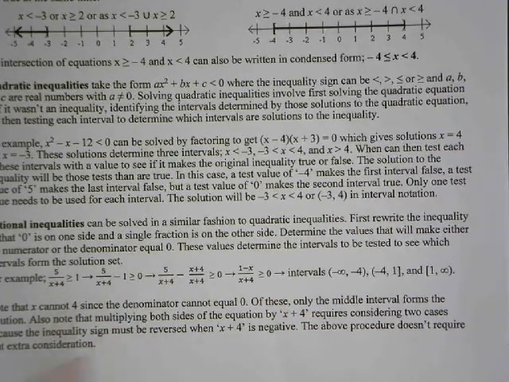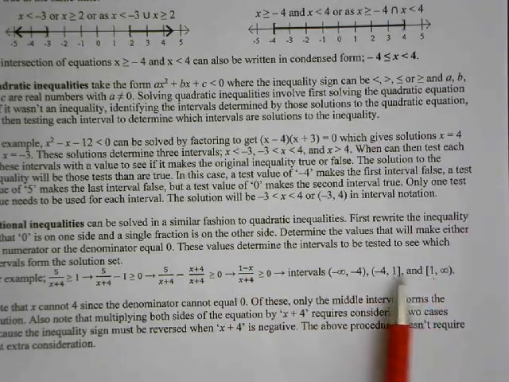So we move the 1 over so that now we have just 0 on the right. 1, of course, can be rewritten as anything divided by itself. We need the common denominator here. So putting all that together, we now have 1 minus x over x plus 4 is greater than or equal to 0.